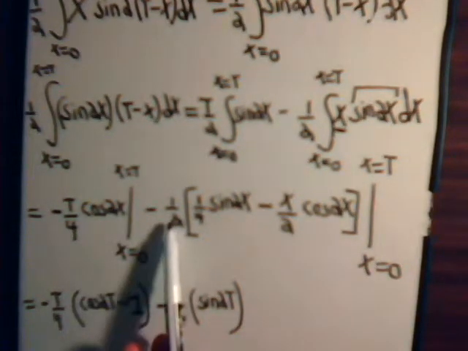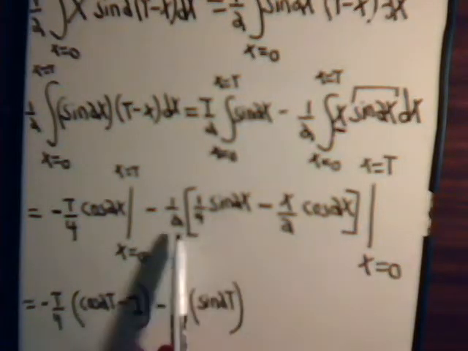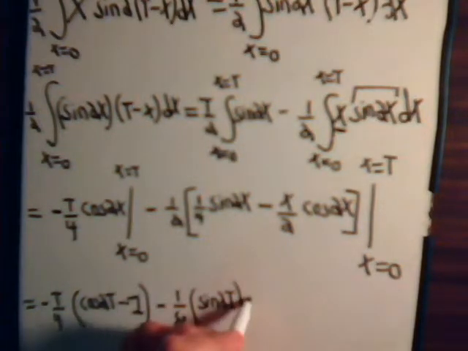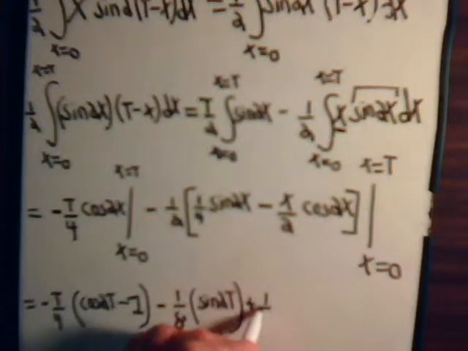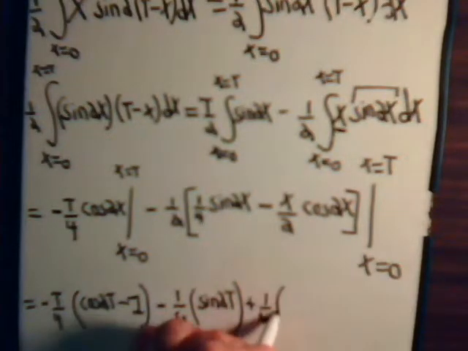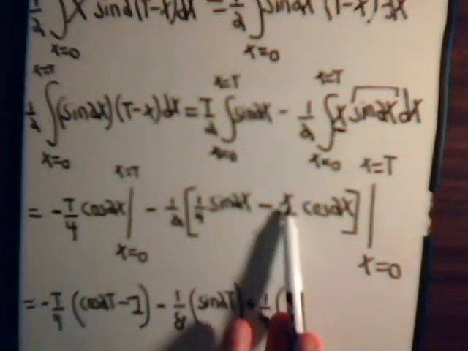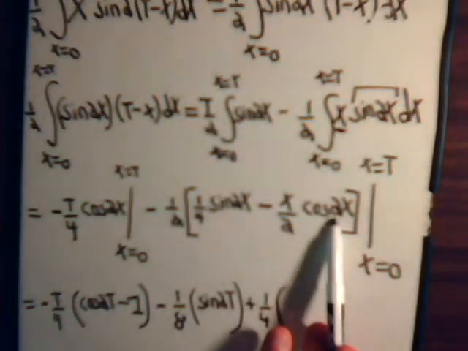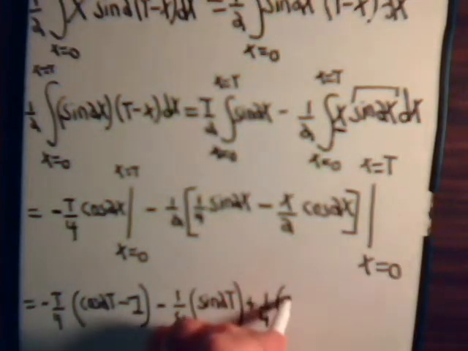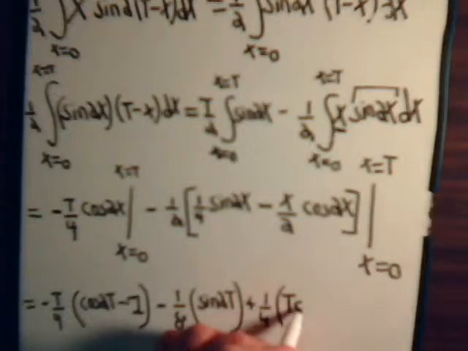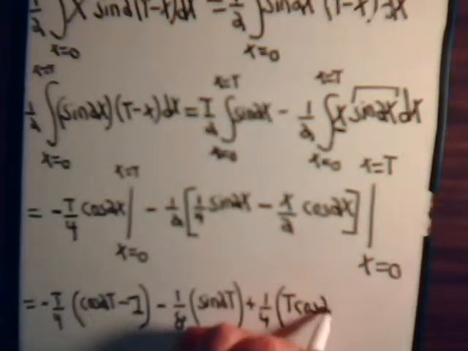Then multiplying here we have plus 1/4, and then we have x cosine of 2x, where x equals t, that's t times the cosine of 2t.